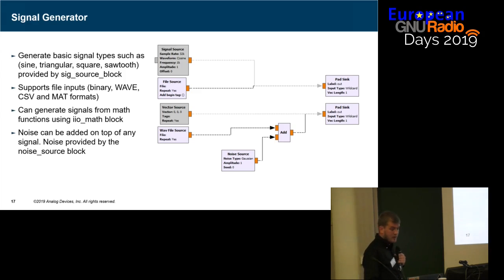The cool thing about it is that it can also generate signals from math functions using the IIO math block I mentioned before. And on top of any of these signals, you can add noise if you want to have a noisy source signal to see how your circuit behaves in, let's say, noisy environments.